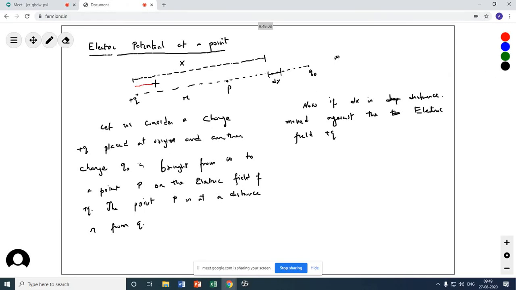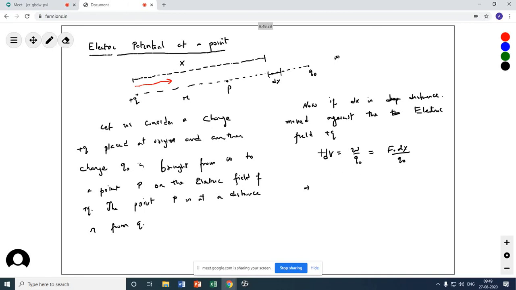The electric field of plus Q is this side, and you are coming from right to left. Okay, then what will be the potential? We know V equals work done per unit charge, and this can be written as force into displacement dx by q naught. So that means dV is equal to F dx by q naught.